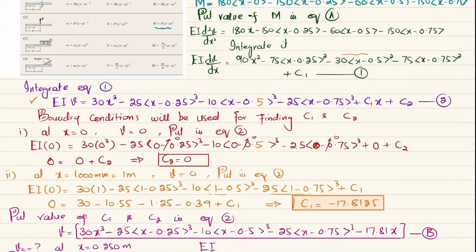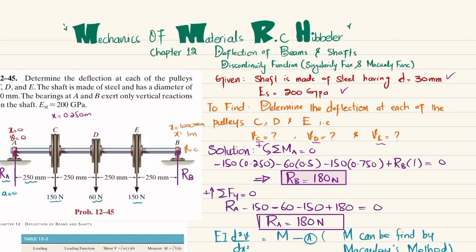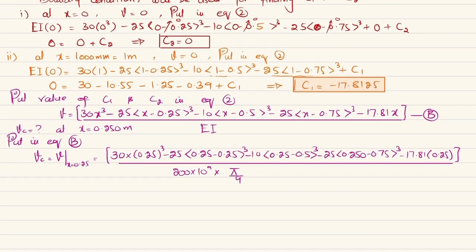The diameter is given as 30 millimeter, so radius will be equal to 15 millimeter, and in meter it is 0.015 power 4. This term will be 0. This term is negative, so anything inside the Macaulay bracket that is negative will be 0. So we will be left with this term and this term.